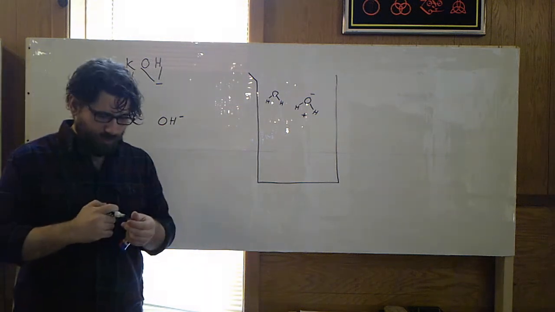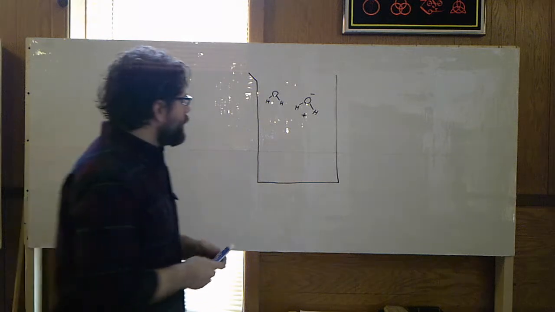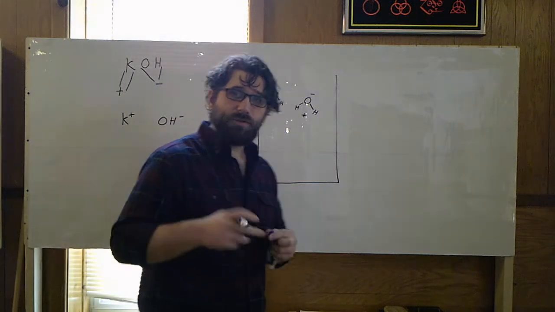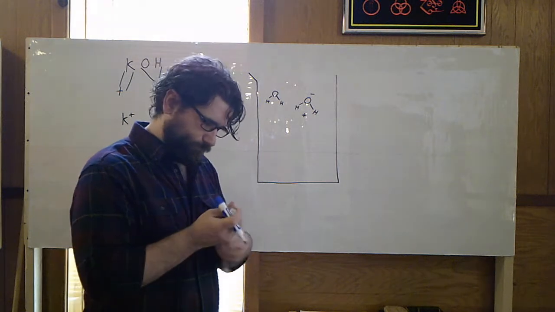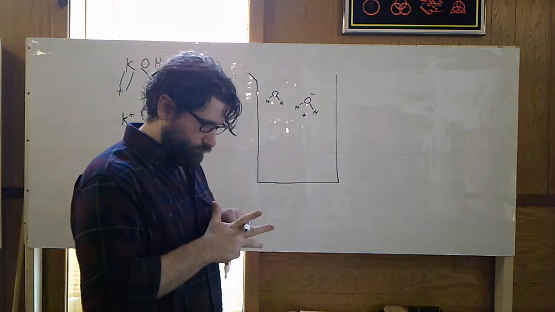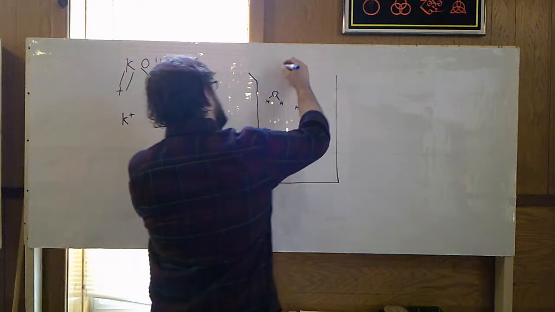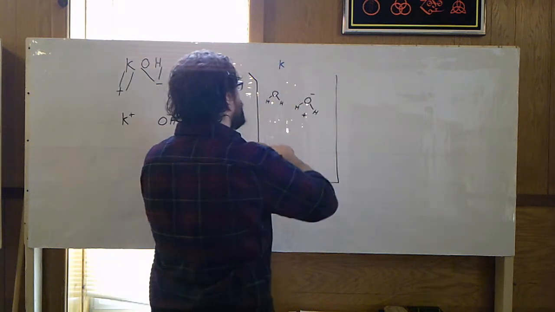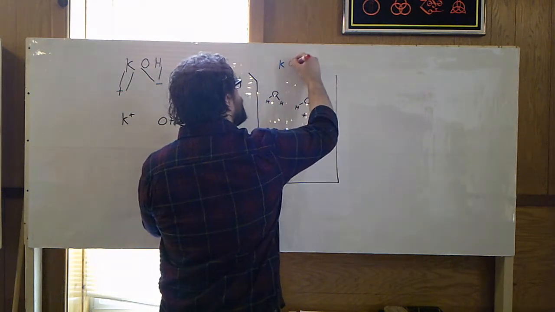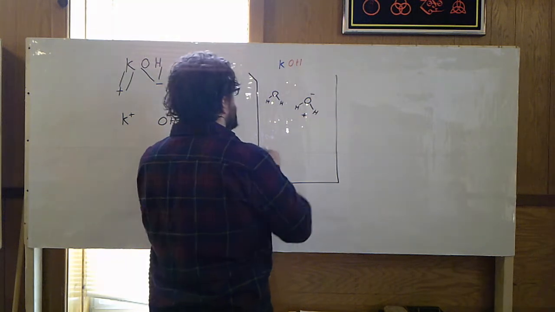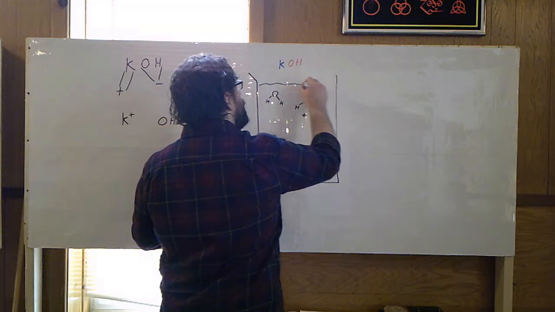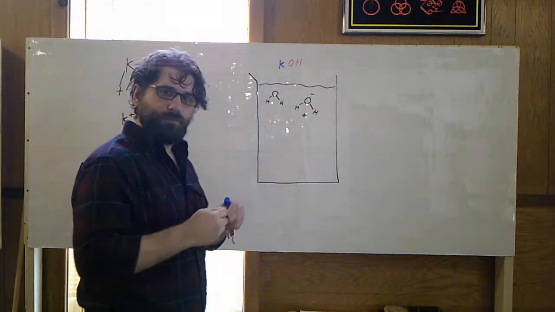So what happens when I drop this substance in here? I'm going to use two different colors just to help it be clear. I've got K and OH, and let's say this right here is the surface of the water.